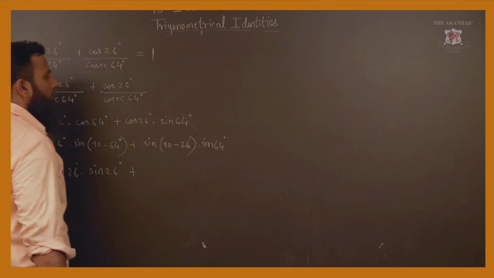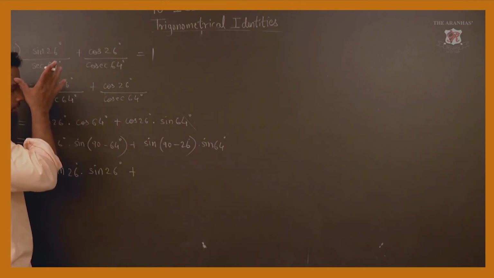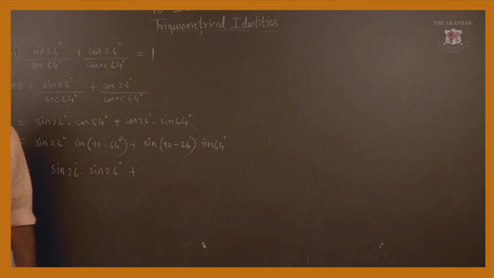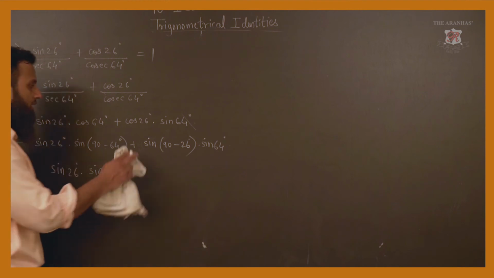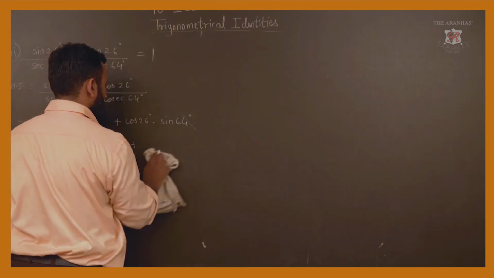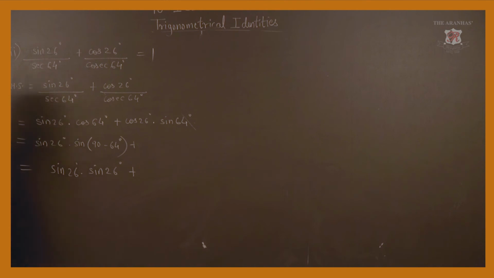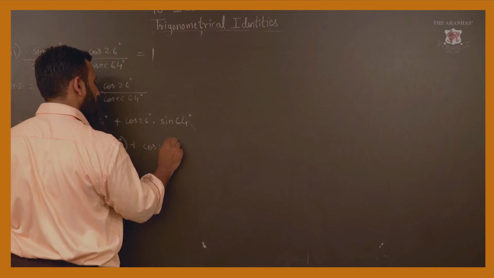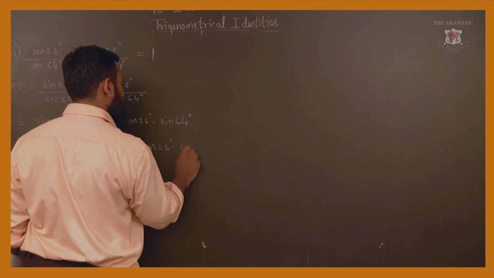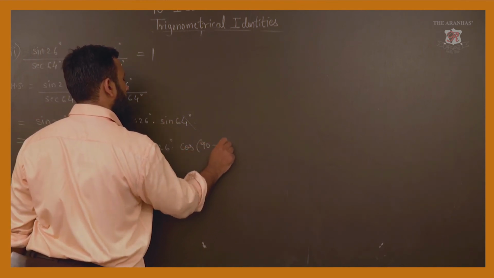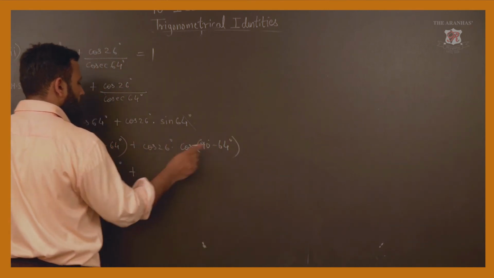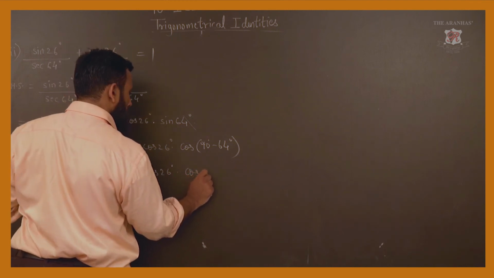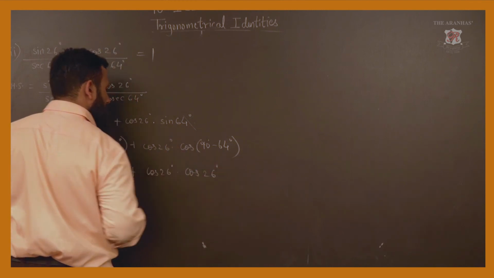Here I can do one trick, and what is that trick? Instead of converting this in sine, I take the help of your trigonometric ratios so that it will be a revision of the previous exercise. Keep this as it is, and this you can write it as cos of 90 minus 64. So 90 minus 64 will become cos 26 degree.